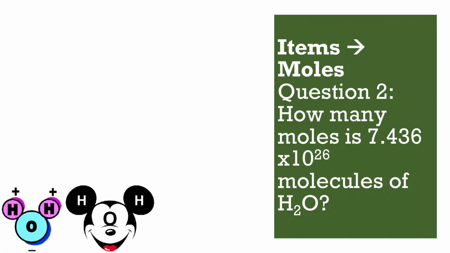Hopefully you should be kind of seeing the pattern, at least as we move forward. There are 2 other types of conversion that we're going to go to, but it's the same kind of setup.